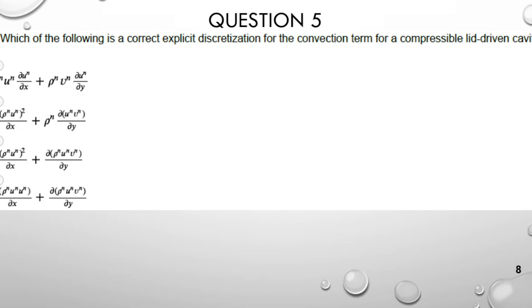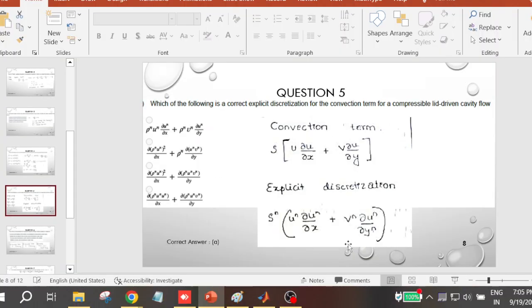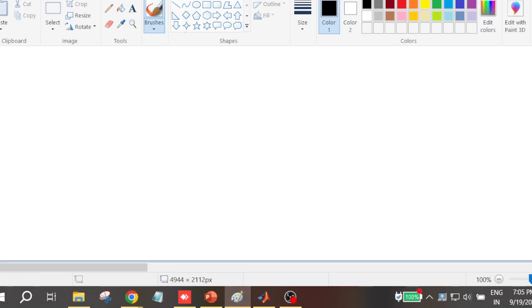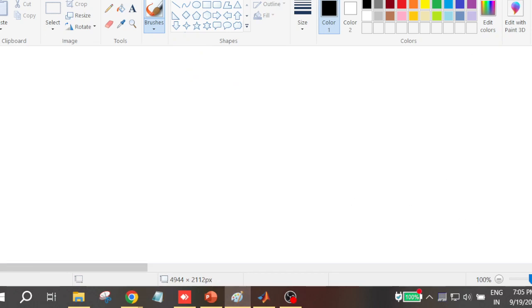What I know is that the convection term for incompressible and compressible will not change. Because whether incompressible or compressible, in the momentum equation you have an inertial term, right? What does it indicate?